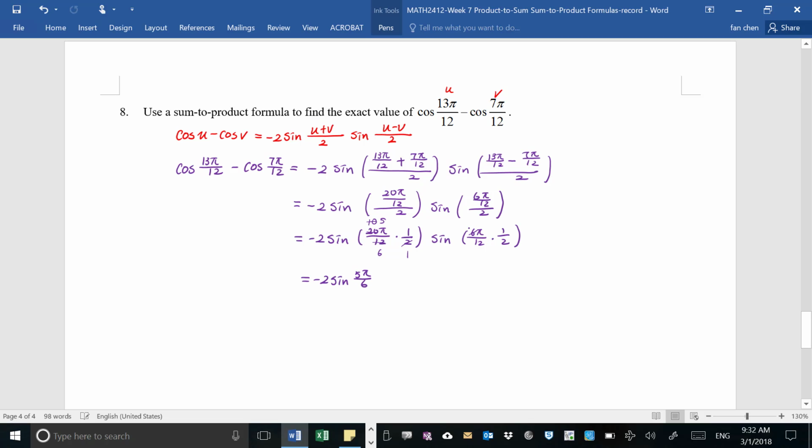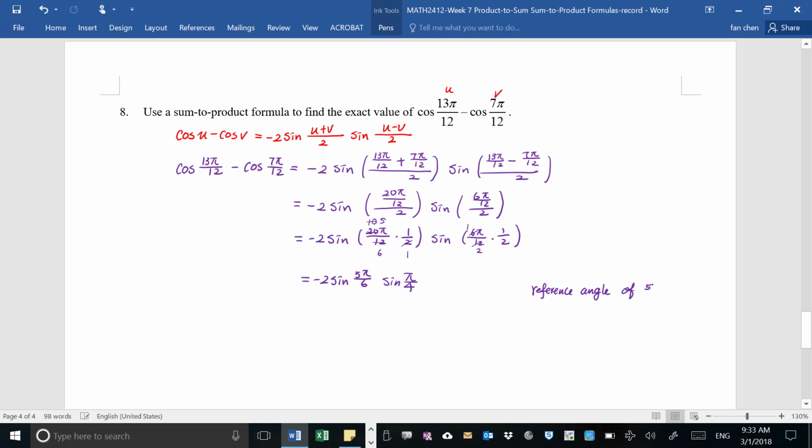This is 1, 2 times 2 is 4, sine pi 4. You can use the reference angle, or if you memorize the 5 pi 6 special angle value, that will be great.